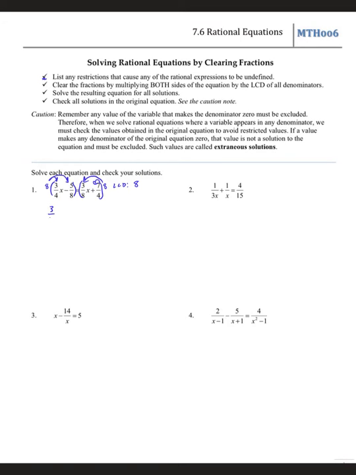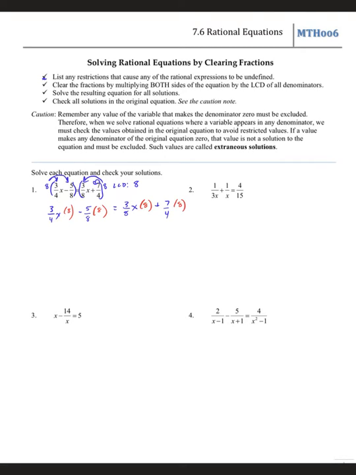So we have 3/4 x times 8 minus 5/8 times 8 equals 3/8 x times 8 plus, I think that's a 7/4 times 8.